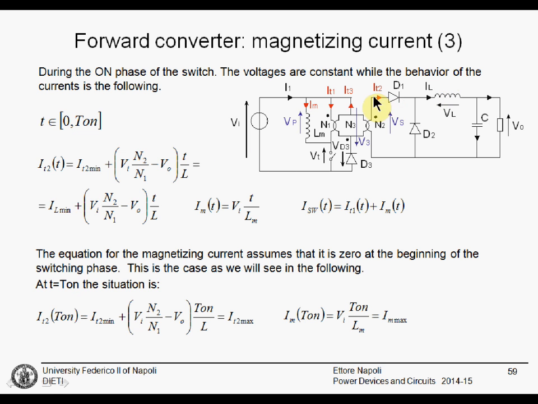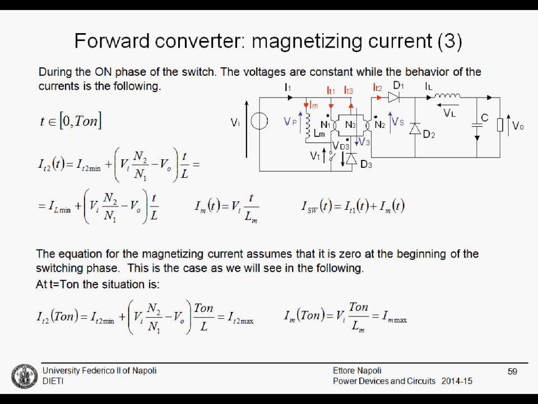We can say that the IT2 current increases because it is the IL current, and in this phase there is a positive voltage here that is larger than Vu, hence this inductance is being charged and the current increases. IT2 as a function of time will begin from the minimum value, because we are at the beginning of the charging phase and we are in continuous current mode.